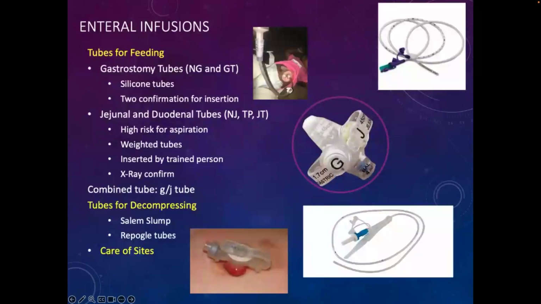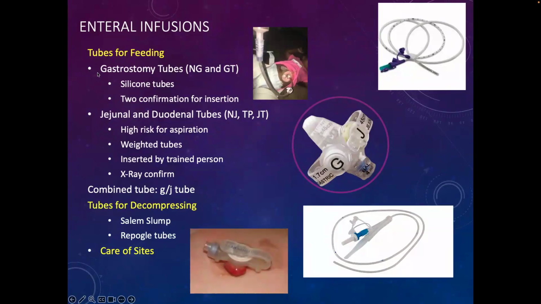So last but not least, we have our enteral feeding types. We have all these different types of tubes that you will see when you go into practice. If you have not seen a lot of gastric medical cases, you'll definitely see a lot of this in this clinical rotation. So we have gastric tubes, and jejunal tubes.